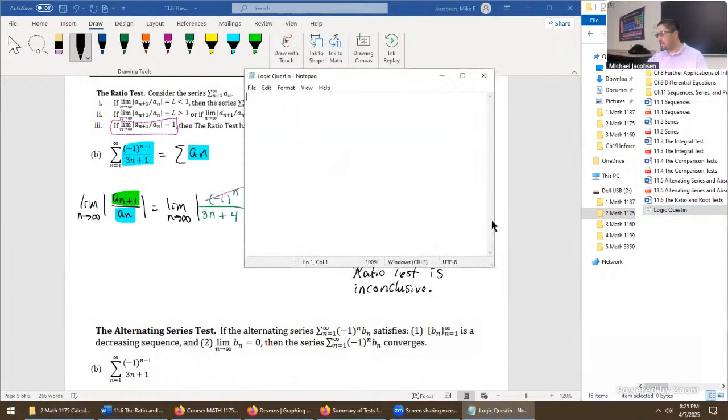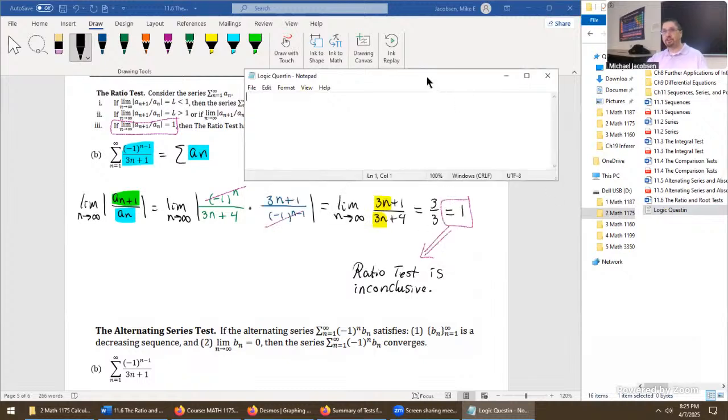I'll come back to this one when we are in Wednesday's class. And the question is along these lines. Let me know if I didn't capture it entirely.